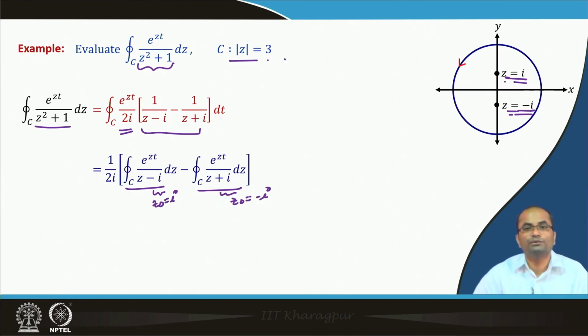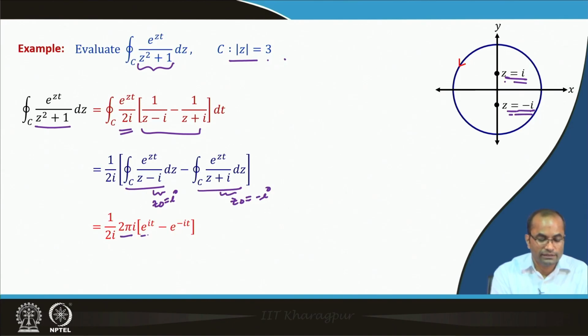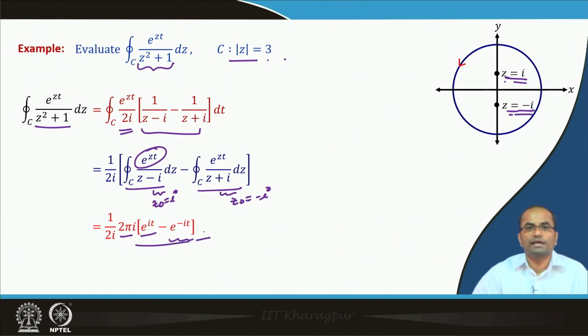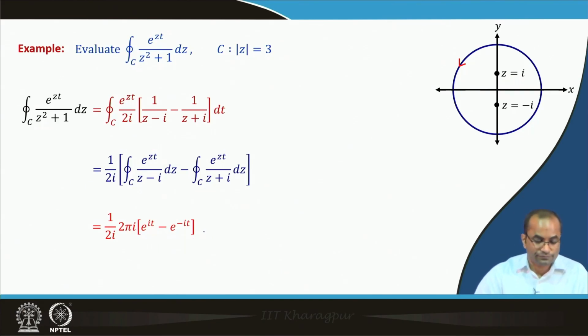So, in both we can use the Cauchy integral formula, and that says 2 pi i and the value of the function e power zt, and that means z is i here and here z is minus i. So, we got this formula which can also be written in terms of the sine function.